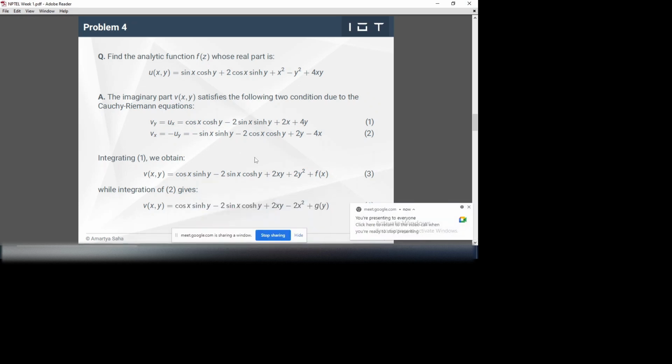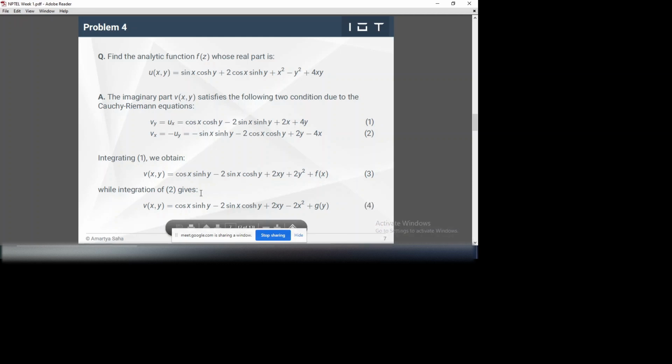Yes, so this leads us to equation 4. For example, please follow the first term. Keeping sinh y as a constant, we'll be integrating minus sin x, and we know minus sin x when integrated with respect to x gives us cos x. All the other terms are to be done similarly.